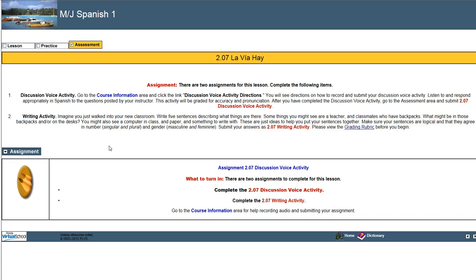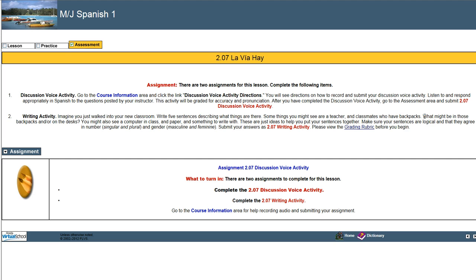It says, imagine you just walked into your new classroom. Write 5 sentences describing what things there are there. So you're going to use the verb hay, and you're going to say where they are, for example, or just what you see.